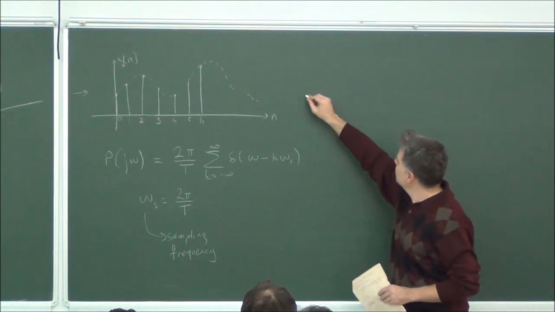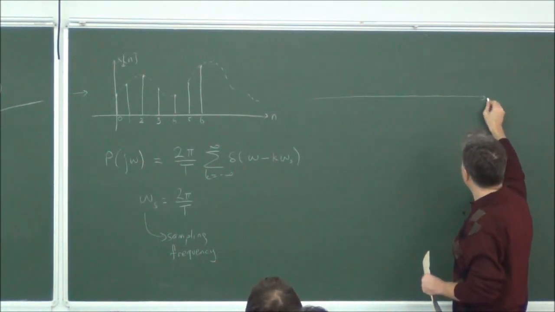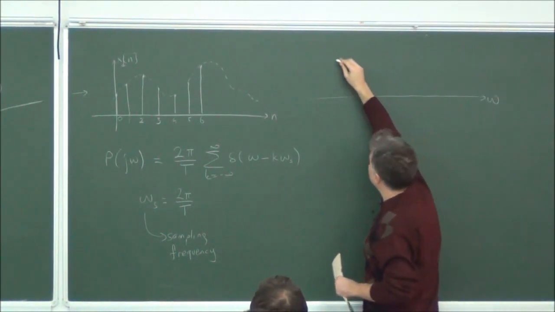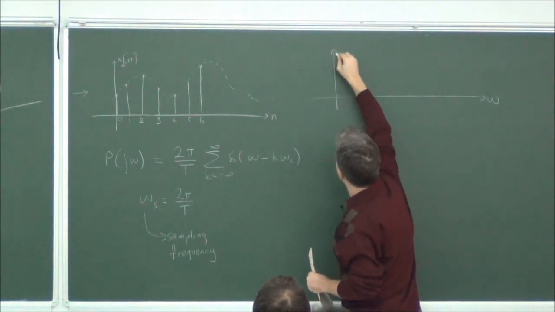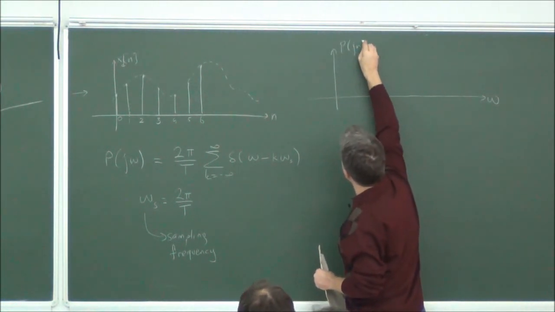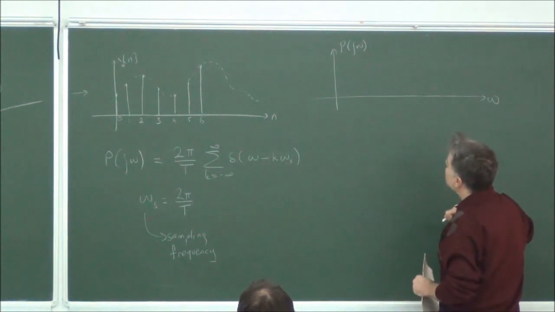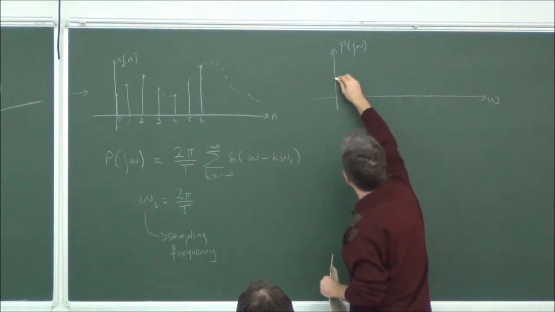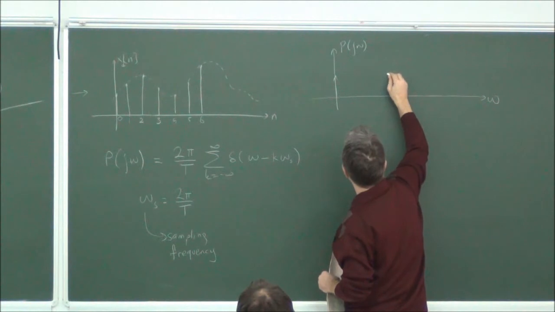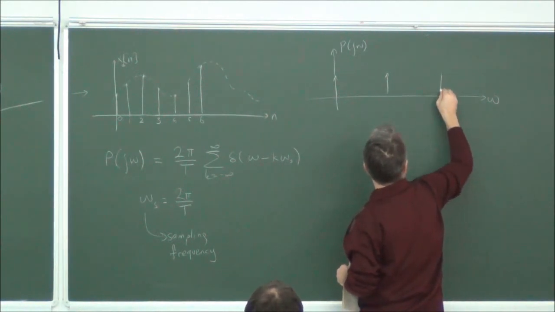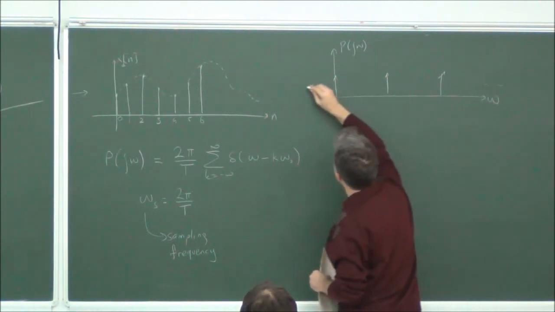Let's draw it on the axis of frequency. P of j omega, and that is an impulse train. Therefore we have impulses like this.